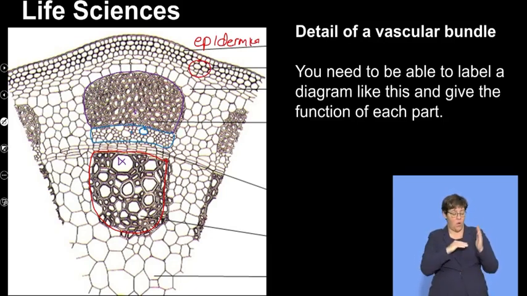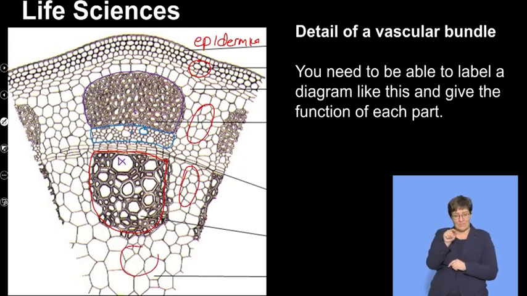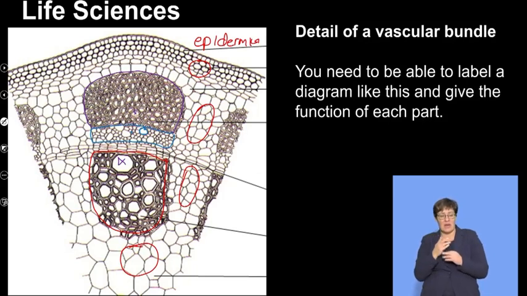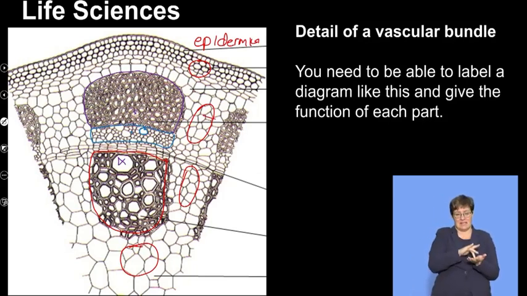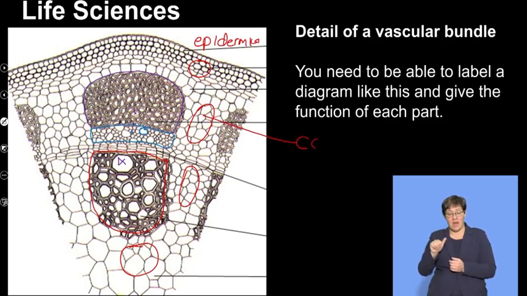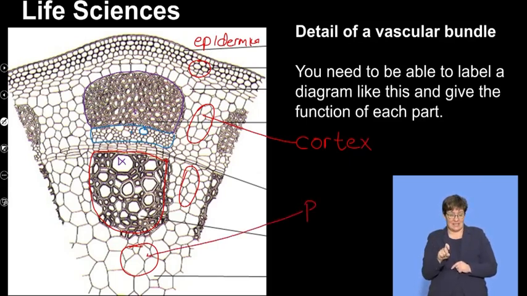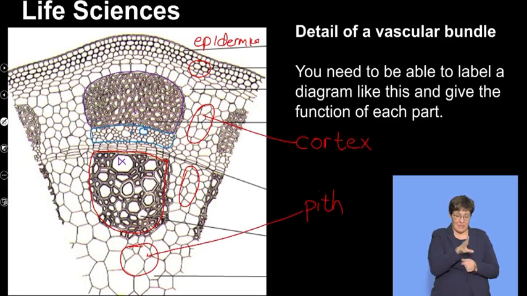It also shows very nicely a whole lot of parenchyma cells between the vascular bundles and filling the center. The parenchyma cells that are between the vascular bundles form part of the cortex, whereas those right in the center form part of the pith. There's really not much difference in their structure, it's just where they are found.